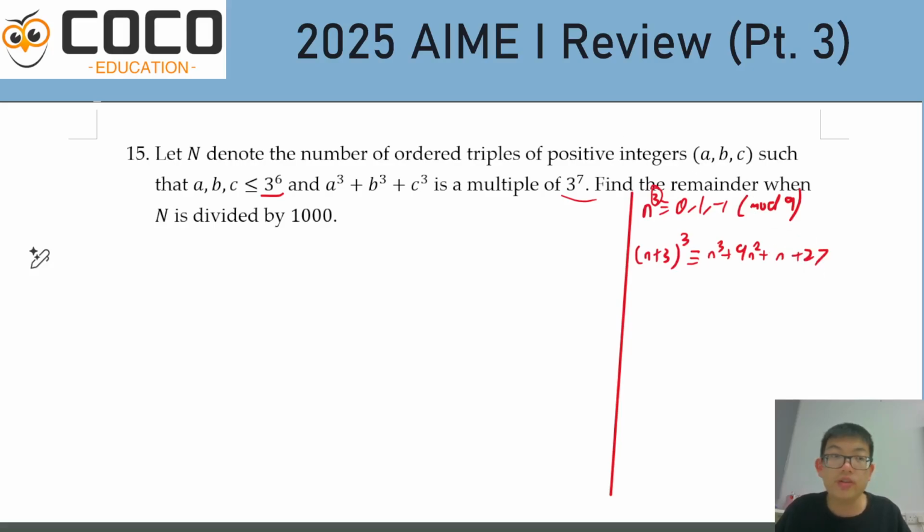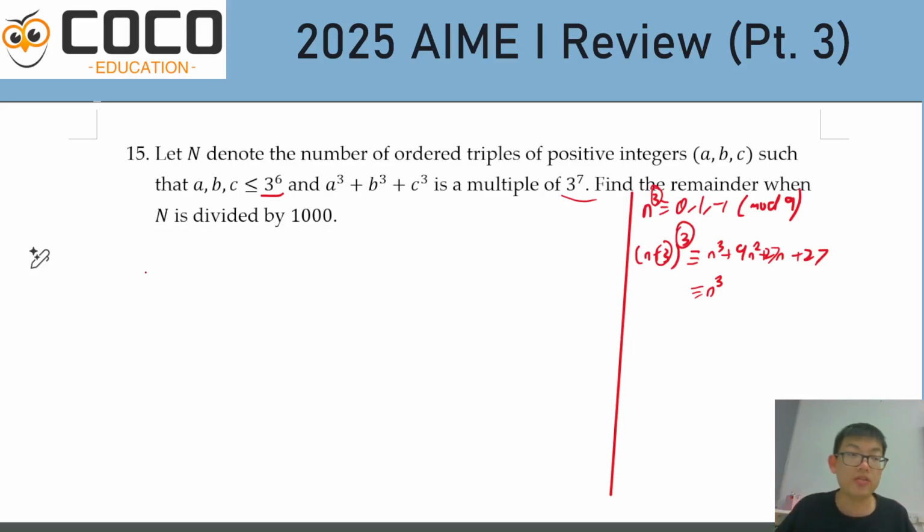Sorry, this is 27. You already end up repeating, mainly because of the threes doubling up there. So I suspect that maybe 3 to the 6 in a sense is already a complete cycle.